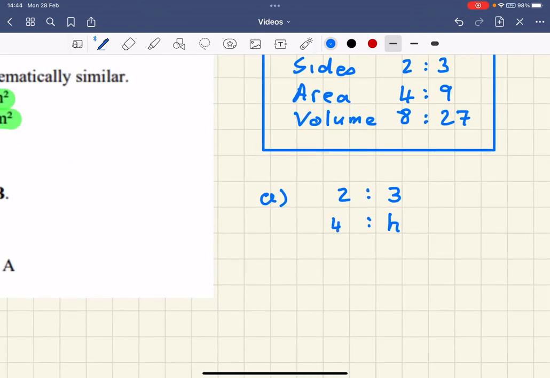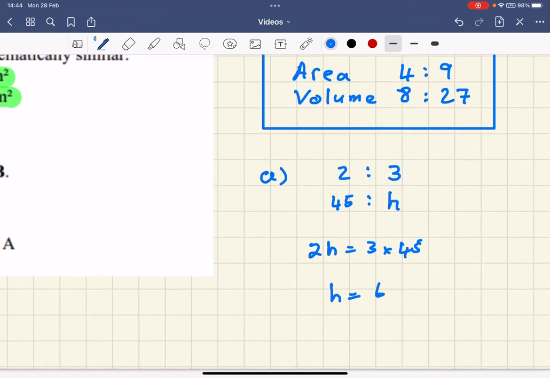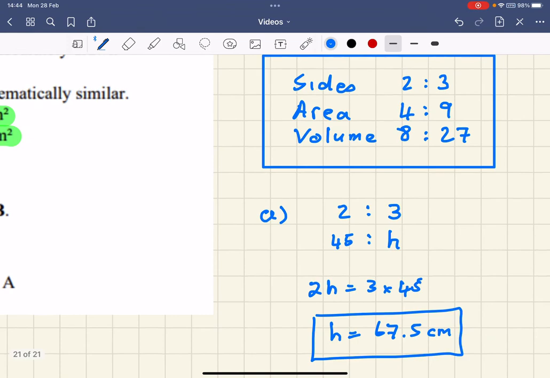So I put that one down for shape A. So I've got 2H equals 3 times 45. And a little bit of algebra here. 3 times 45 divided by 2 is 67.5. So I've got that one really quickly just using that side ratio 2 to 3.